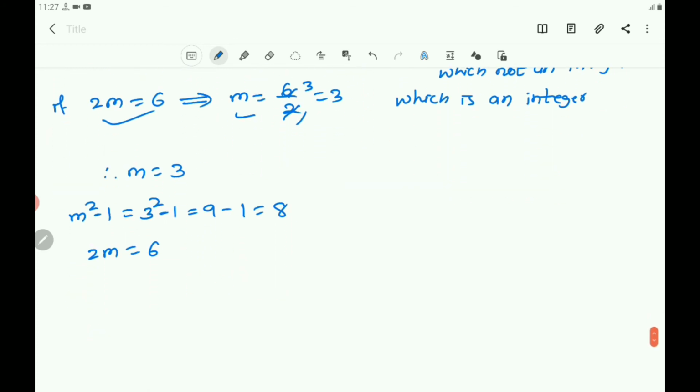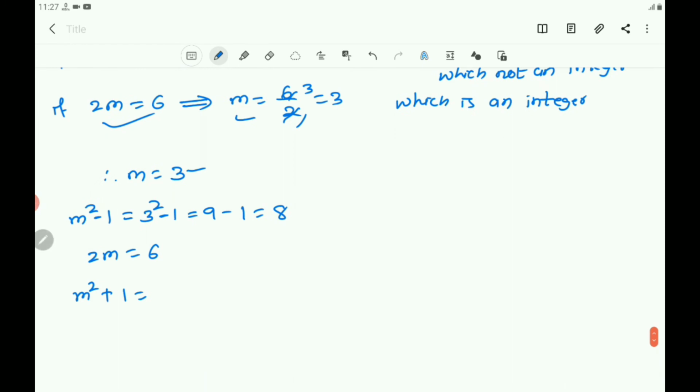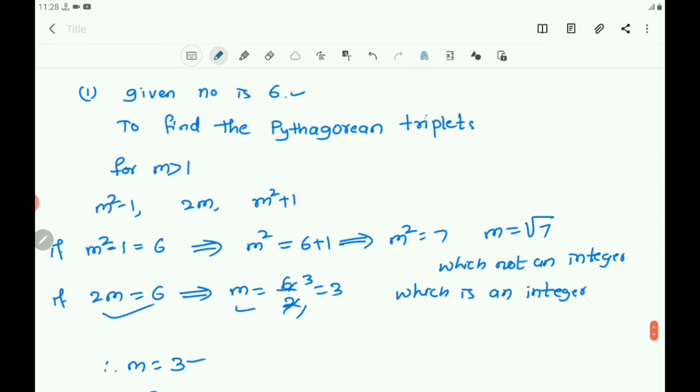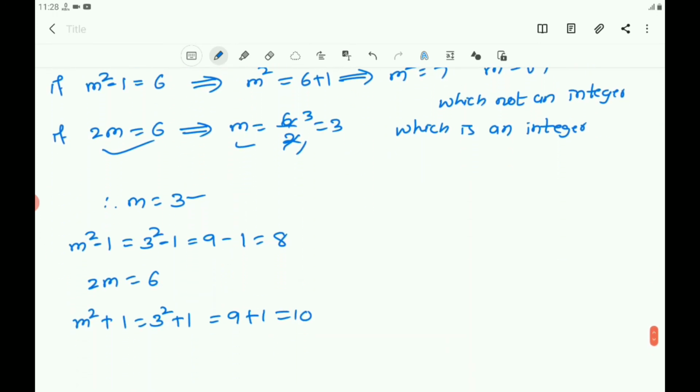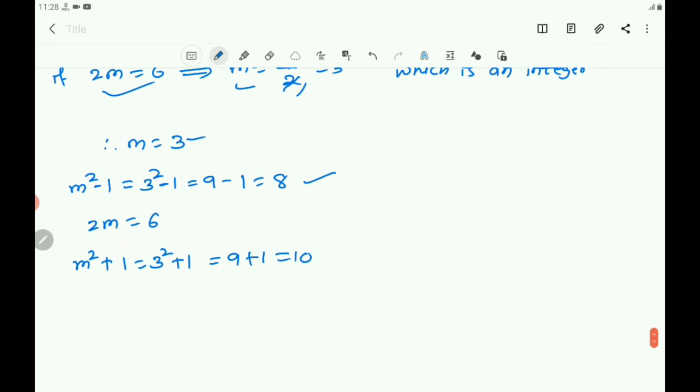And the third one is m square plus 1. With m value 3, 3 square plus 1 equals 9 plus 1 equals 10. So here the given number is 6 and the other two numbers are 8 and 10.